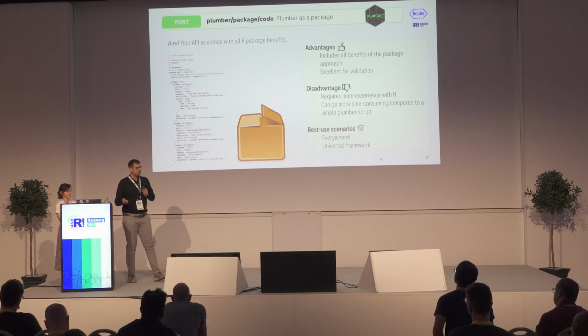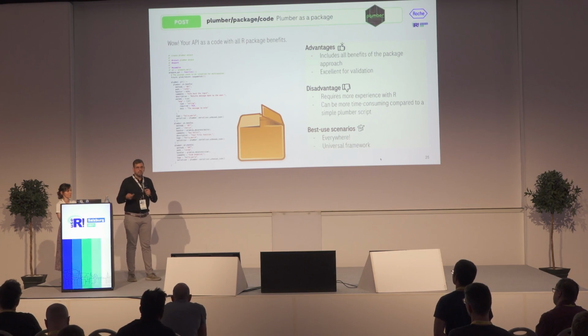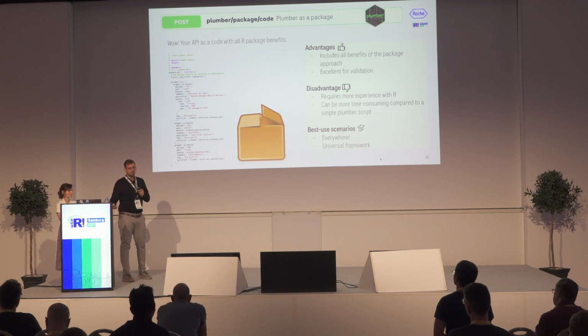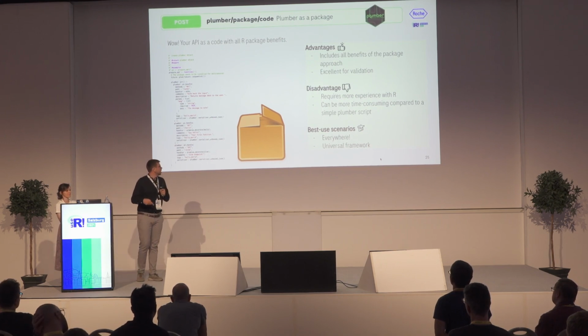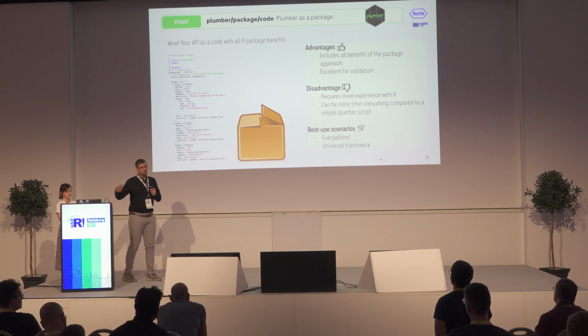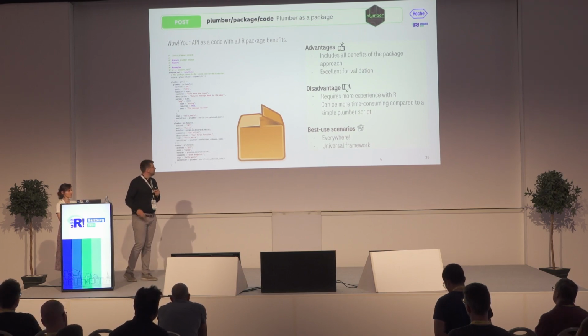This is also, in our case, we work at Roche and we need to validate our product. So it's perfect for validation because we just pass the Plumber API as a package to the validation team. Of course, it also requires a lot of R experience, but that usually comes with time when you develop this.